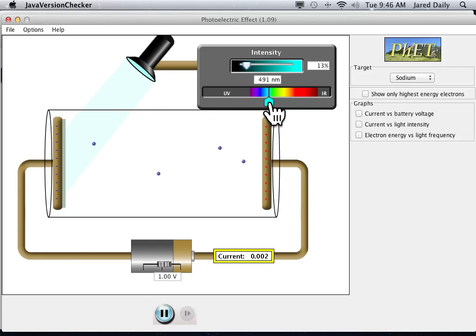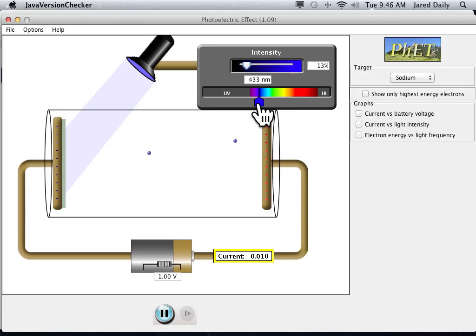Did the frequency just do something? It did. It just doubled. We didn't change the intensity at all, but we just doubled the amount of current out. Now it's tripled. Now it's quadrupled. Now, I mean, we're not even changing it by that much.